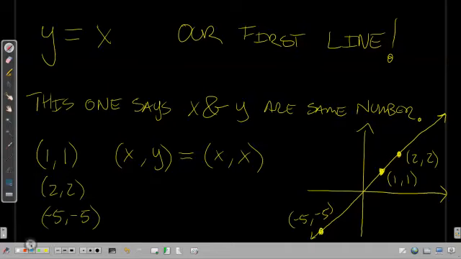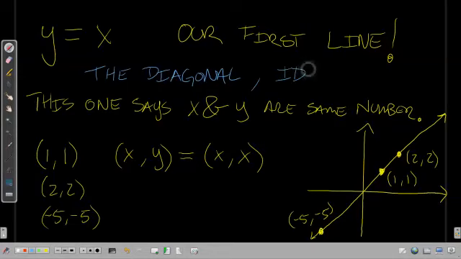This line has a special name. It's called the diagonal. It's also called the identity function.